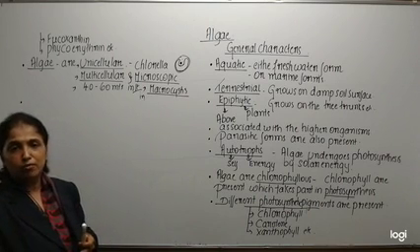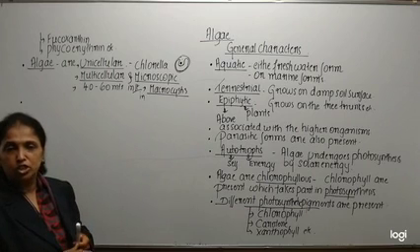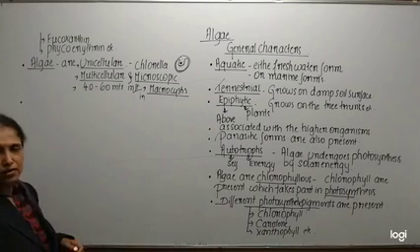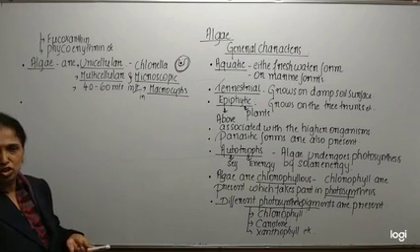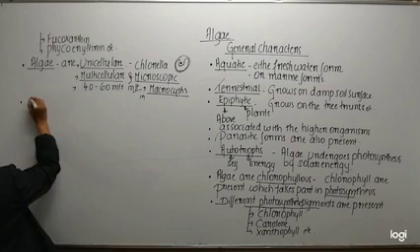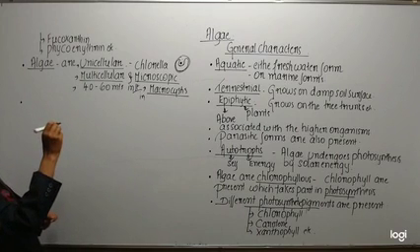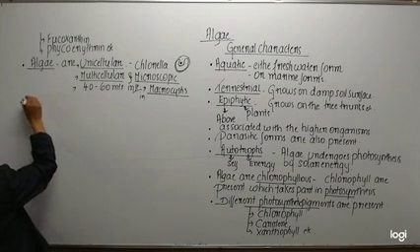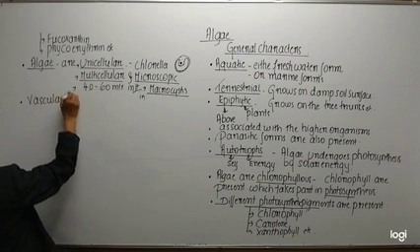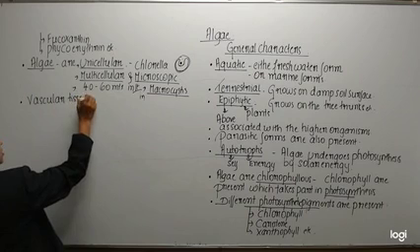Xylem and phloem are called vascular tissues, and when they are absent, it is termed avascular. So algae are avascular plants.